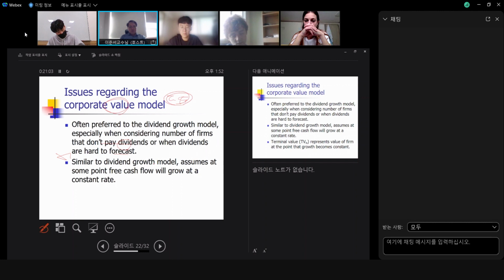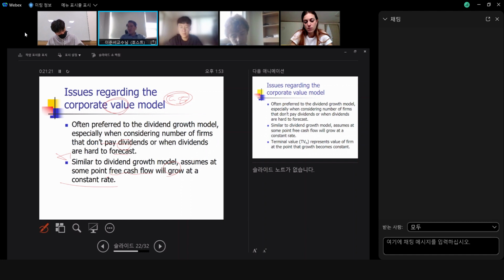So similar to the dividend discount model, it assumes that at some point free cash flow will grow at a constant rate. So we figure out the free cash flow in the near future, the last year, 2 years later, 3 years later, 4 years later.